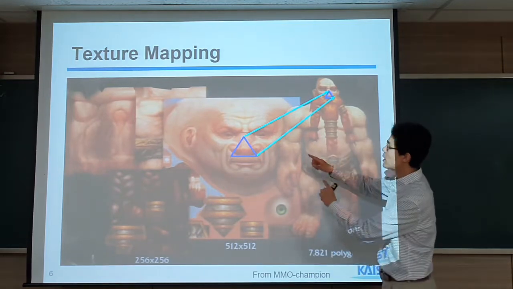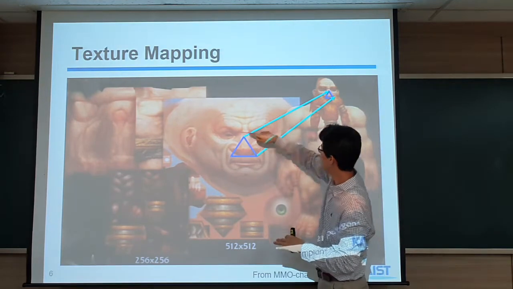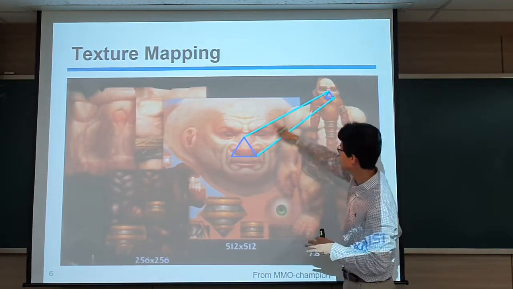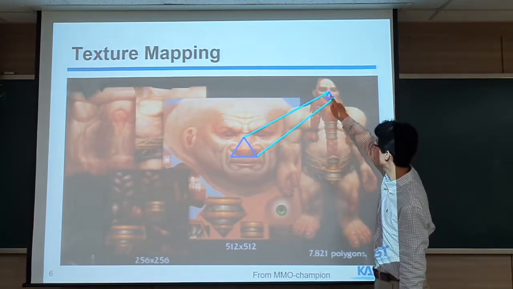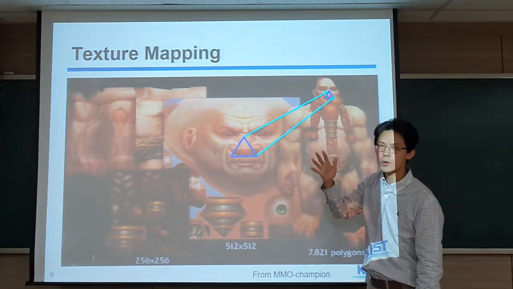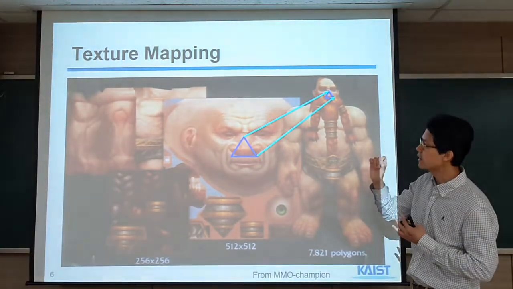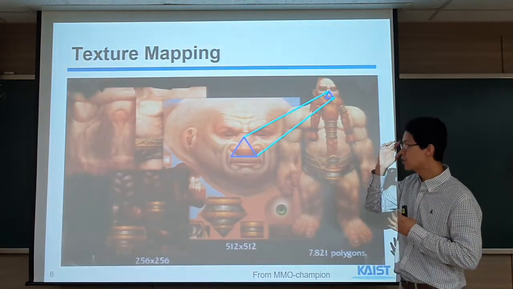So we set up the mapping between this triangle in 3D and this region in the texture map. When we rasterize this triangle, we get the color. Before, we mainly computed the color from the vertex, I mean the color information associated with the vertex, and sometimes we interpolated those colors.